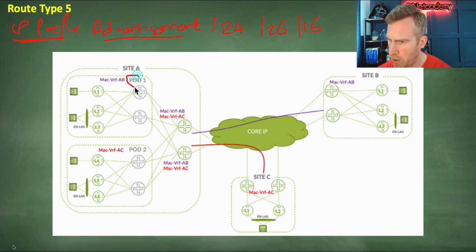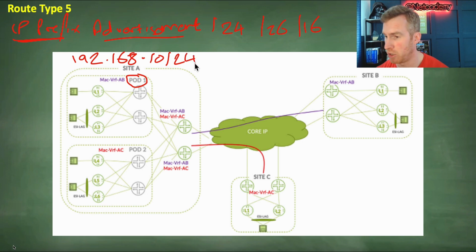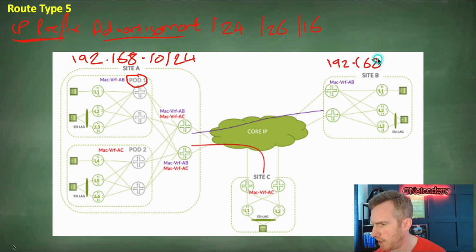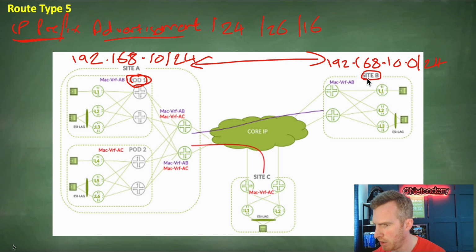If pod 1 over here is, just for example, I'm making up numbers here, 192.168.10.0/24, and over here it's a 192.168.10.0/24 as well, then we are only advertising these prefixes from pod 1 over to site B, or I should say from site A over to site B, between this MAC VRF over to this MAC VRF.